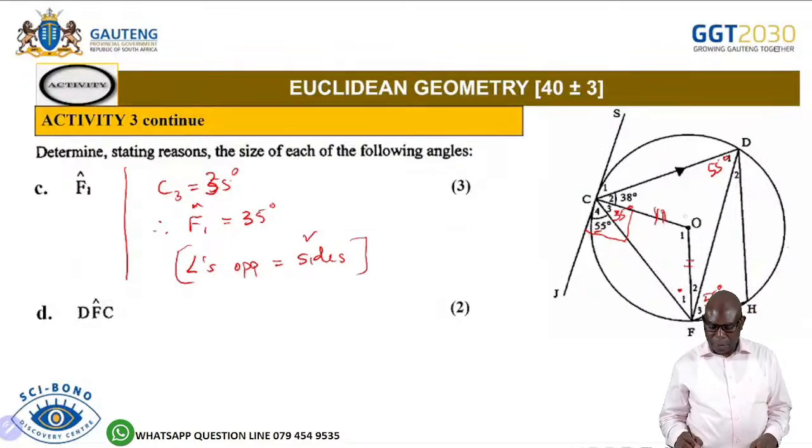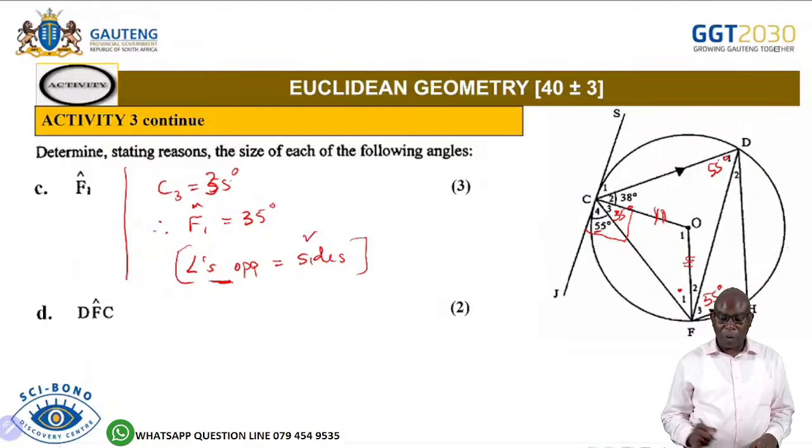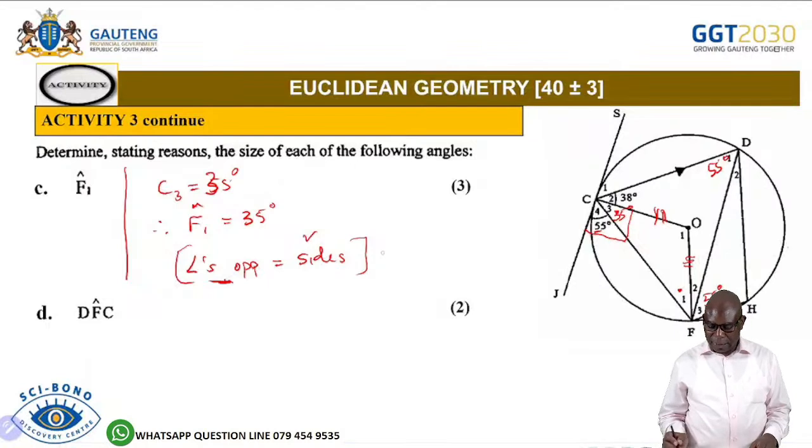So I know this one is given as D. Then the one that I need, I've proved now, it's on my left hand side. So if you look at the previous one, it was sides opposite equal angles. I was proving the angles, the sides were given. Okay, right.